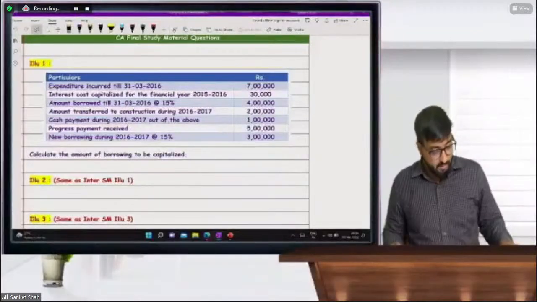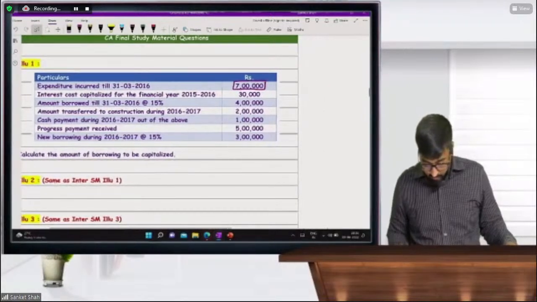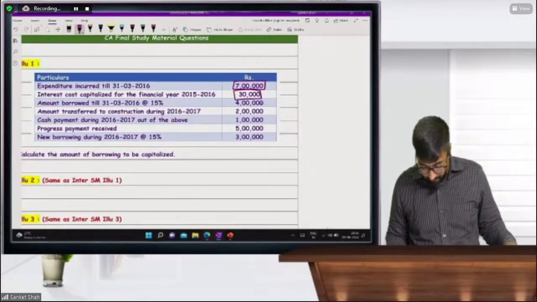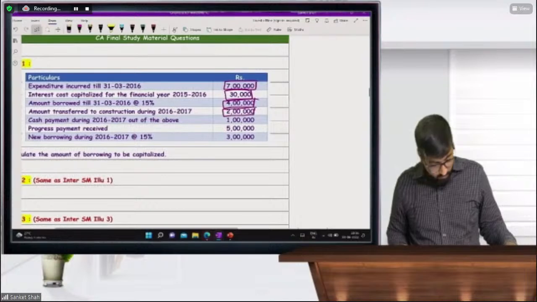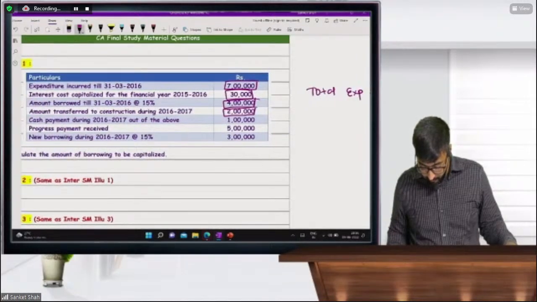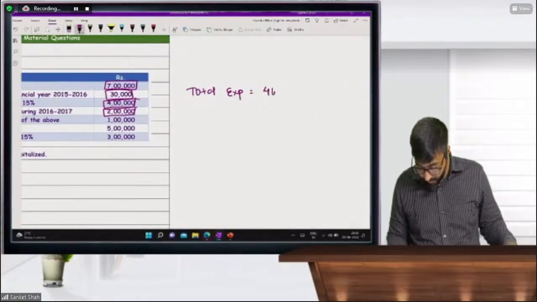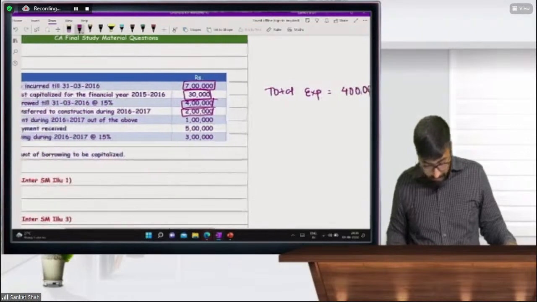Expenditure incurred till date is 7 lakhs. Okay, sir. Now 30,000 is interest that is to be capitalized. Amount borrowed is 4 lakh and amount transferred is 2 lakhs. So total expenditure, beta.